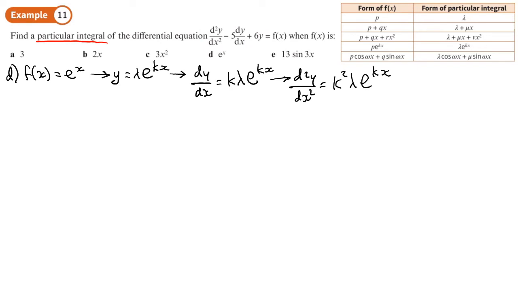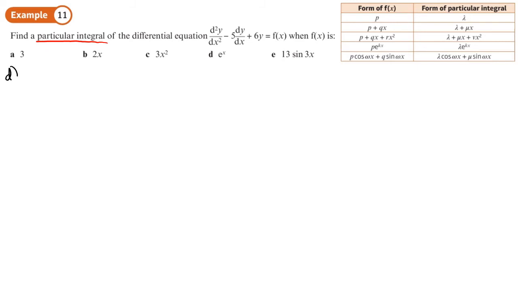So we will have the second derivative, which is k squared lambda e to the kx, minus 5 lots of the first derivative, which is k lambda e to the kx, then plus 6 lots of y, and that's just lambda e to the kx, and that will equal f of x, which is e to the x.